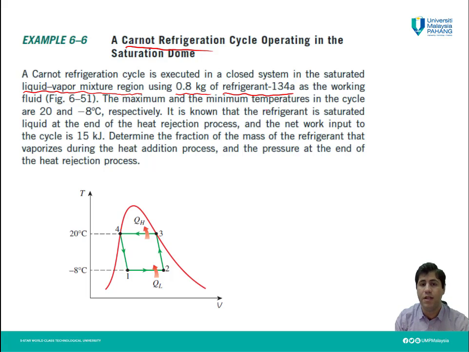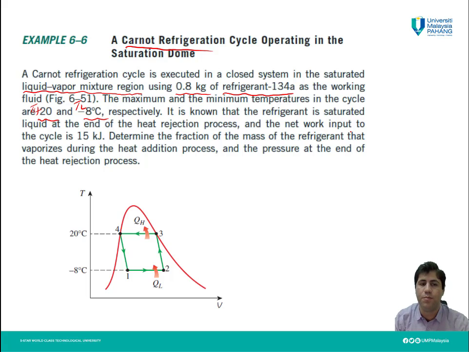The maximum and minimum temperature in the cycle are 20 and negative 8 degrees Celsius. This is TH, this is TL. It is known that the refrigerant is saturated liquid at the end of the heat rejection process.